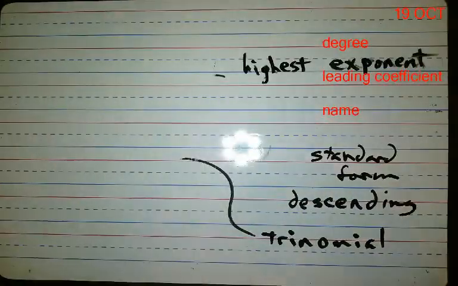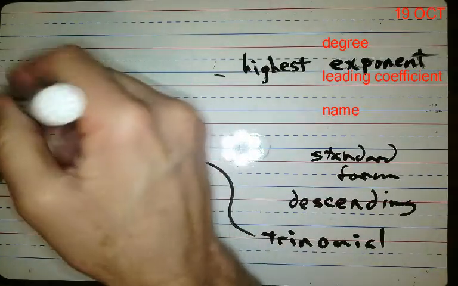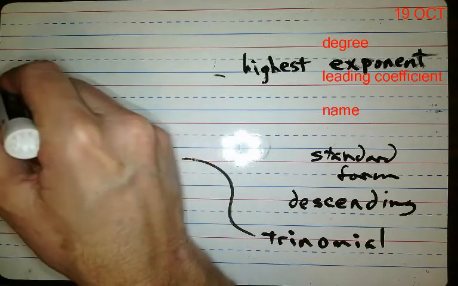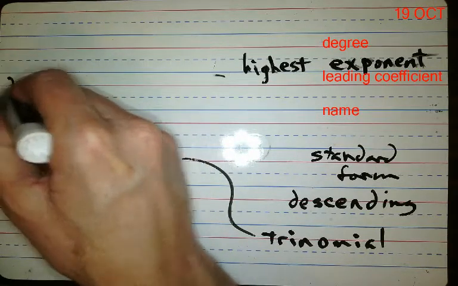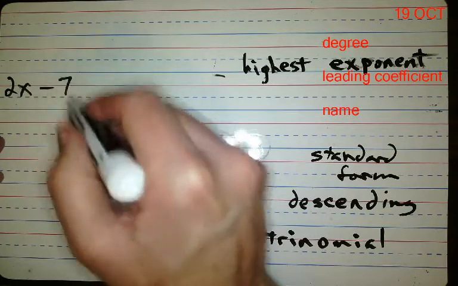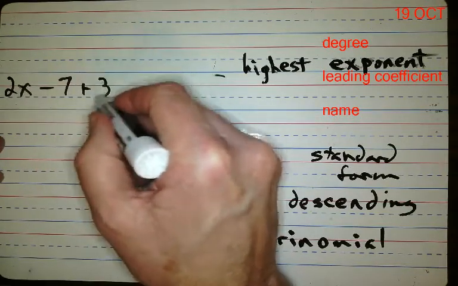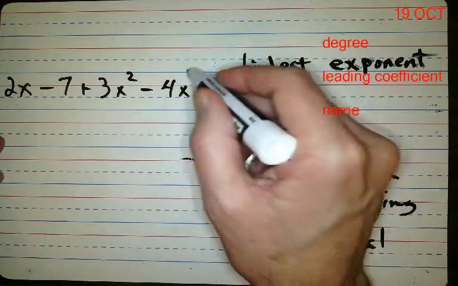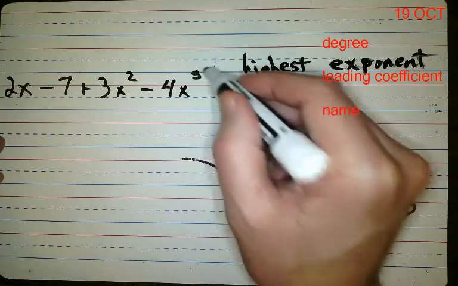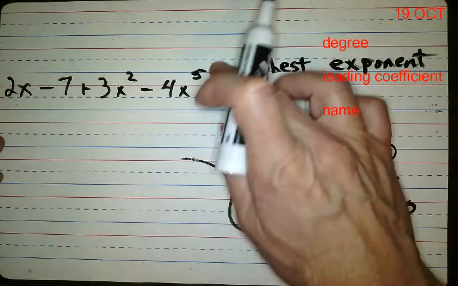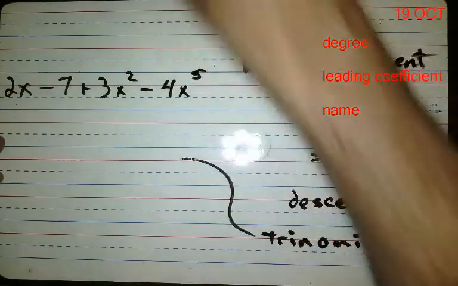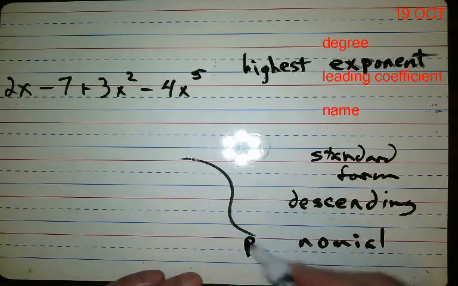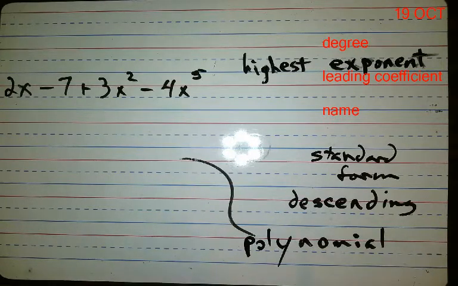But then we want to be able to find it out. So what if I had x, and then I said, well, we'll put 2x minus 7 plus 3x squared minus 4x to the fifth. And so, if I was going to call this a name, I would call it a polynomial because it has many terms.